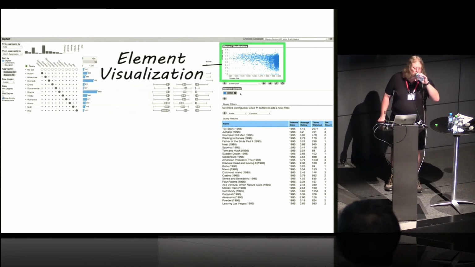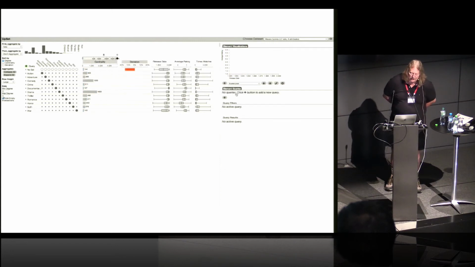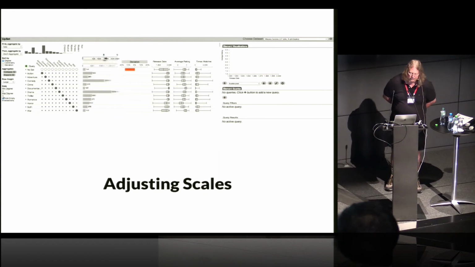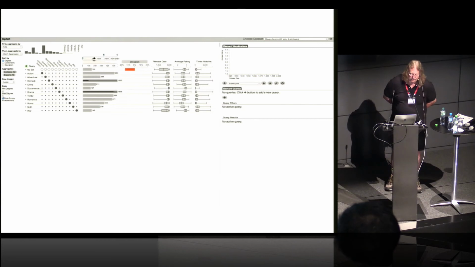In the element view, we see a scatter plot of release date versus ratings for the whole dataset. It seems like ratings in the past were higher, but this is possibly a bias of the data collection. We can see that the number of movies in the sets is quite different. To get a better understanding of the size of the smaller bars, we can adjust the scale. Bars that break the scale wrap around themselves to keep them comparable as long as possible.